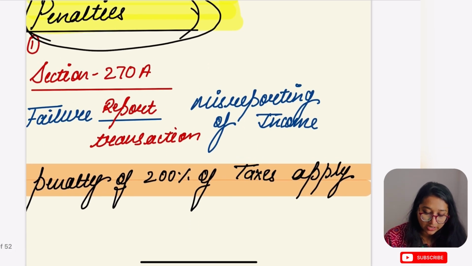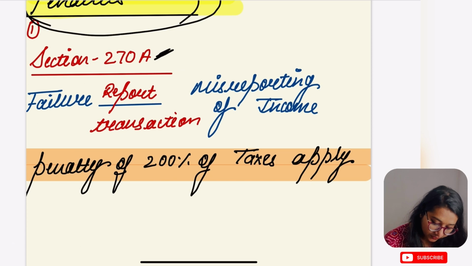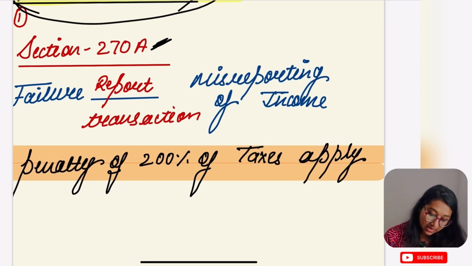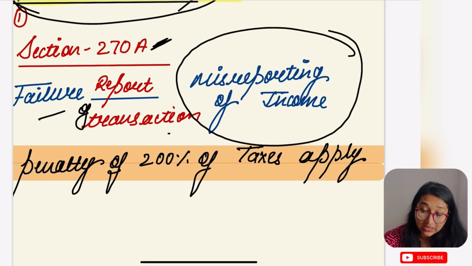We have to find out the penalty payable by the SSC in case of any default. Section 270A says that if any failure is done in reporting of transactions or misreporting of income.